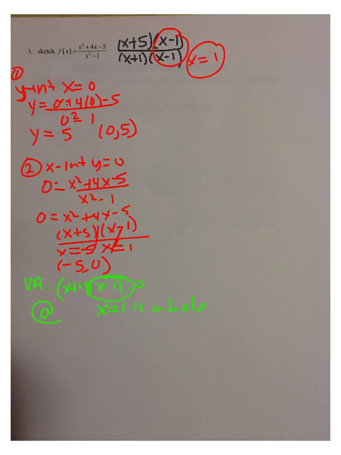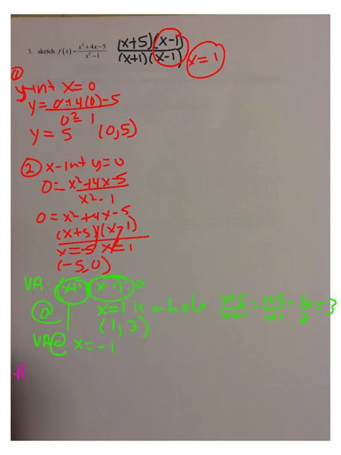So you have to find the y value. You take x equals 1 and plug it into x plus 5 over x plus 1. So you get 1 plus 5 over 1 plus 1, that's 6 over 2, which is 3. So my hole is at 1, 3. And I have a vertical asymptote at x equals negative 1.